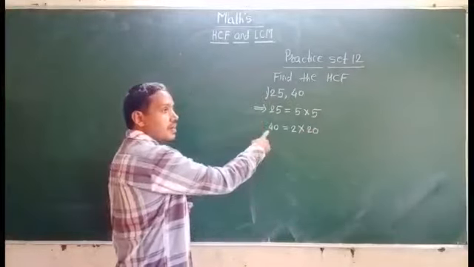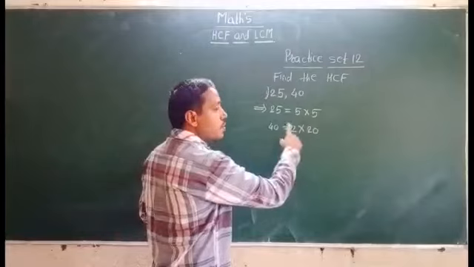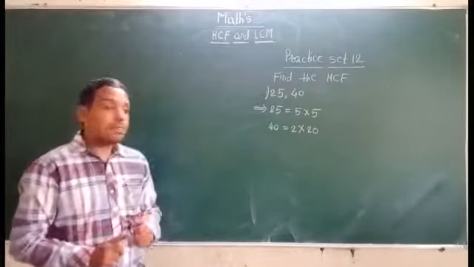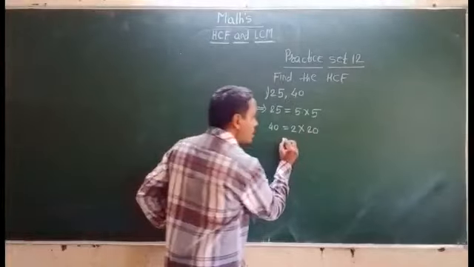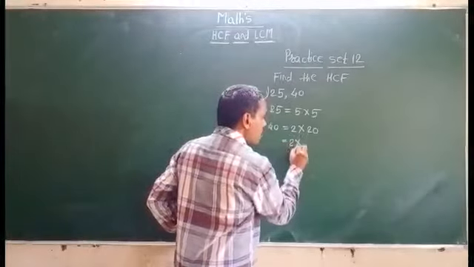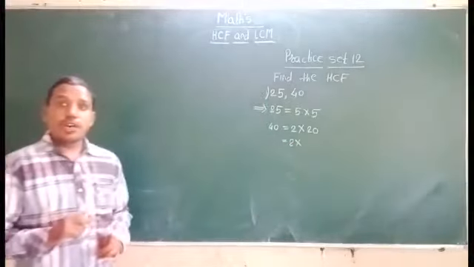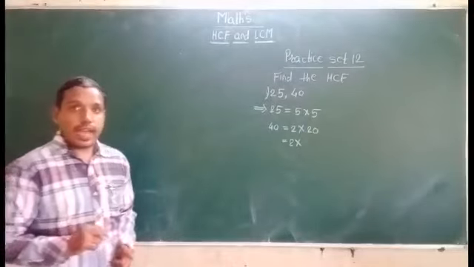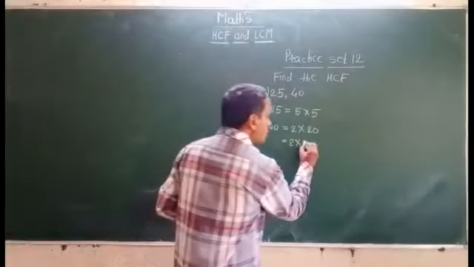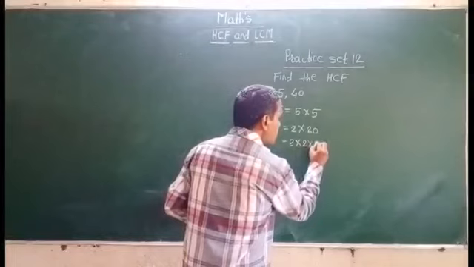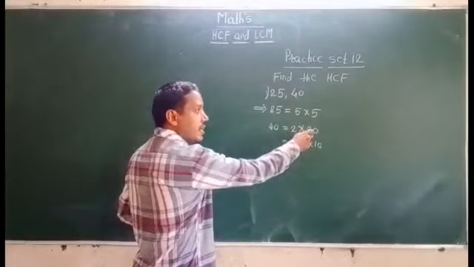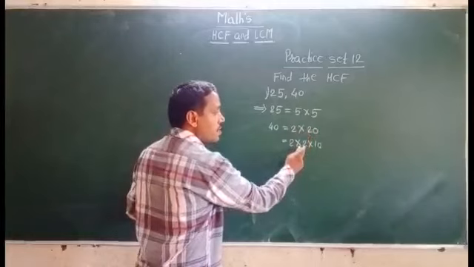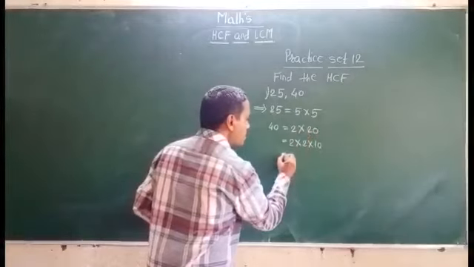Therefore we write 40 in a two-number product form as 2 into 20. Then 20 is a composite number, so it is again divided by 2 and we get 10. We write 20 as 2 into 10.